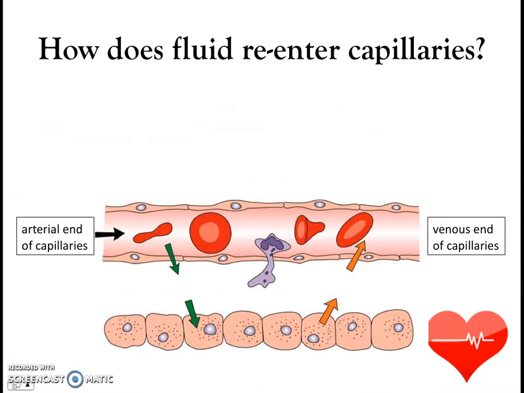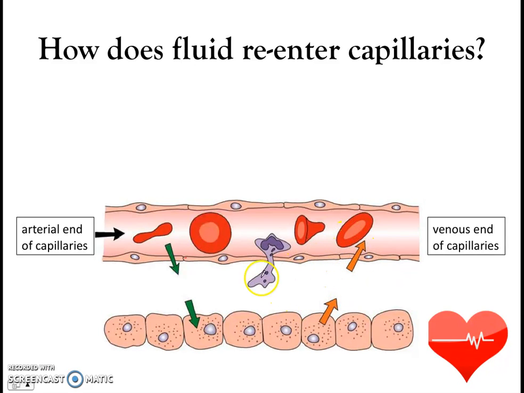Alright, so we now know how tissue fluid is formed. However, that leaves us with a problem. Blood plasma has moved out of the capillaries to form tissue fluid, but that leaves very little fluid inside my capillaries. So I need to find a way for the tissue fluid outside to re-enter the capillaries.